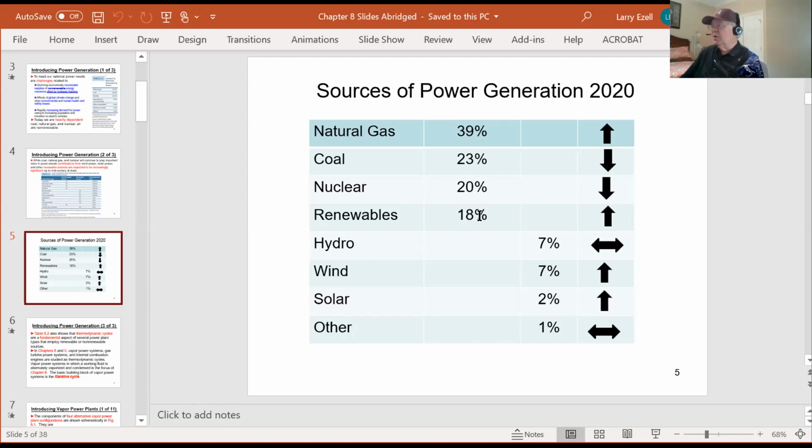Renewables, like I said, are growing, but in my opinion, I don't want to get political, but the Green New Deal that some of the Democrats are talking about, of completely eliminating fossil fuels, which is the natural gas, coal, and nuclear. As you can see, you've got a long, long way to go to get renewables up to 100%.